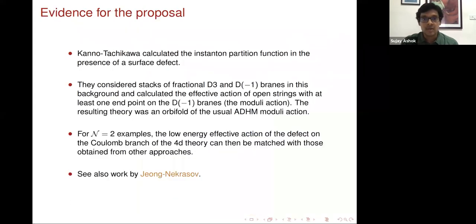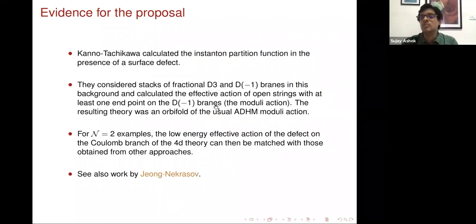Okay, so let's try to recall why Kanno-Tachikawa proposed this. Their goal was to compute the instanton partition function of a 4-dimensional gauge theory in the presence of such a surface defect. What they did was to consider these fractional D3s and fractional D-1 branes, and compute the effective action of open strings with at least one endpoint on the D-1 brane.